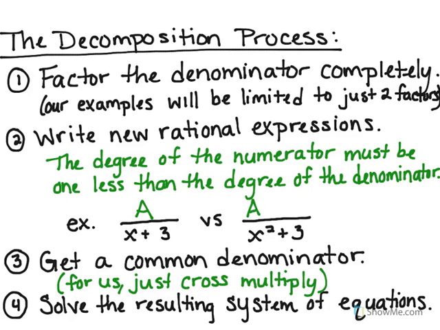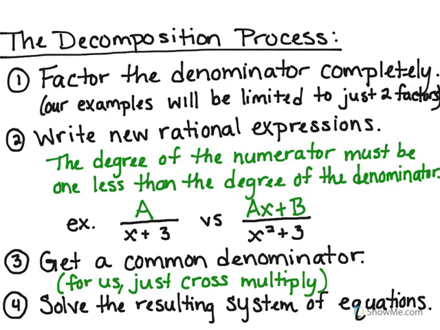So I would need ax plus b, a linear factor. So if you have a linear factor on the bottom, you have a constant on the top, a generic constant, so give it a letter. If you have a quadratic factor on the bottom, then you're going to need a linear factor up top. So it's going to look sort of like ax plus b.